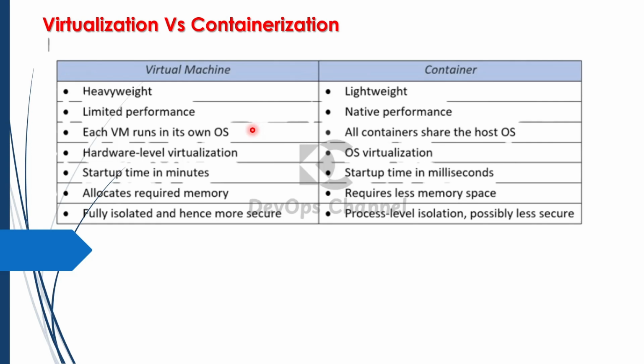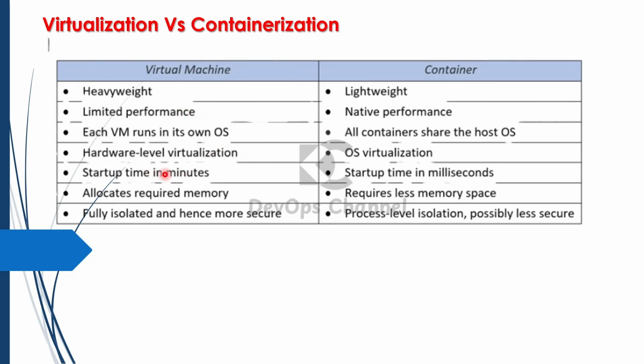Now whatever virtualization environment you have created, each VM will have its own image of gigabytes in size, right? While all containers will share your host OS and they will be connected via the Docker engine or any kind of container engine. Virtualization is also called hardware-level virtualization, while containerization is OS-level virtualization.